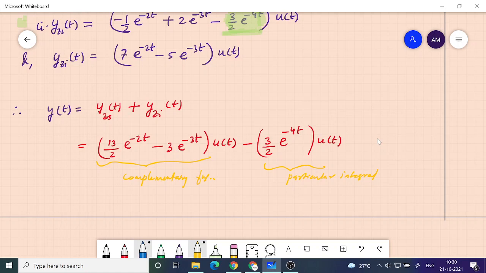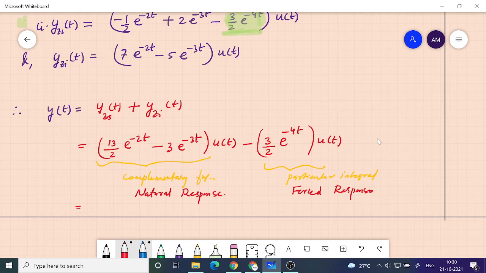Okay, this particular integral is also called the forced response, and this is called the natural response. So there are two ways you can treat it.